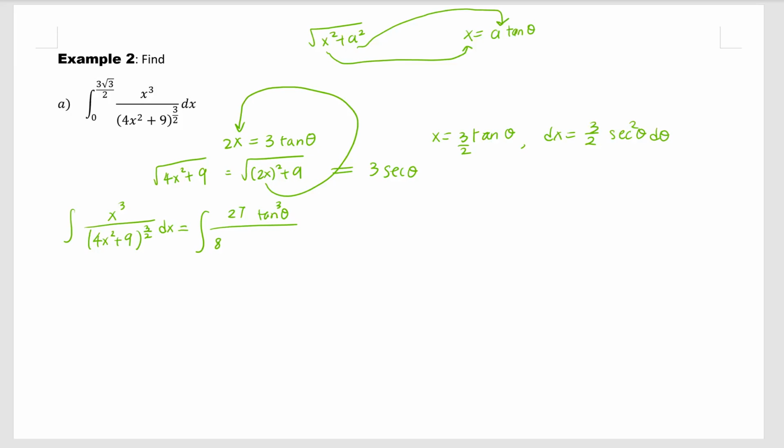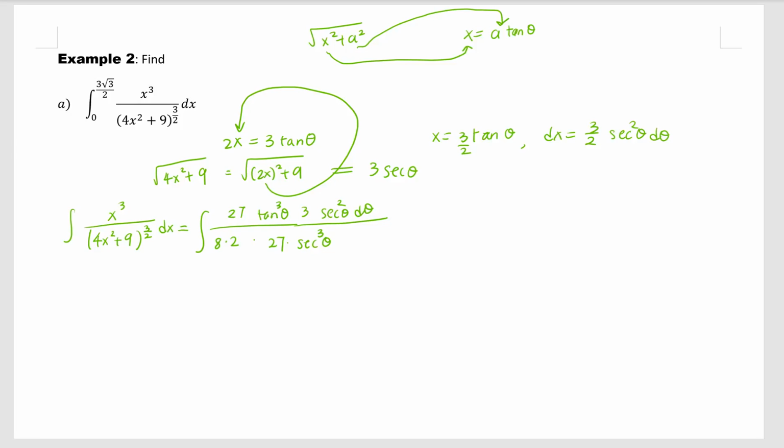Oop, the dx is actually on top, right? So dx is 3 over 2 secant squared d theta. And the denominator, the square root is 3 secant, but this is cubed. So 3 cubed, 27, and secant theta cubed.